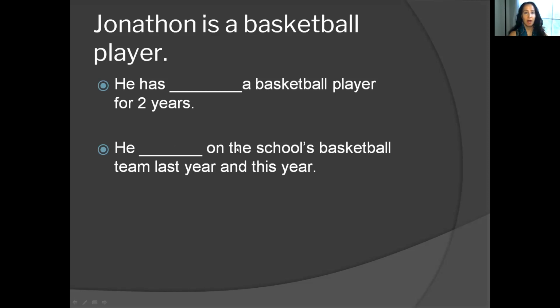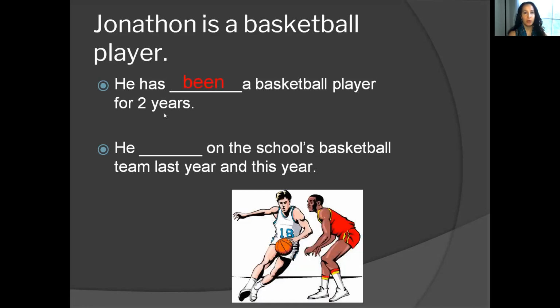He blank on the school's basketball team last year and this year. Now, what would be the irregular verb of is in the past tense? Remember, 2 years, it happened 2 years ago. And we have this one, has. He has blank. This is tough. I'm wondering who else got it. Who has been a basketball player for 2 years?